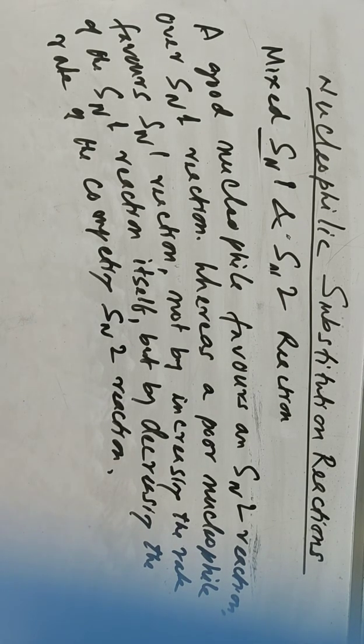So here, in the case of the mixed SN1 SN2 reaction, a poor nucleophile decreases the rate of the SN2 reaction and doesn't affect the rate of the SN1 reaction, and a good nucleophile favors the SN2 reaction over the SN1 reaction.